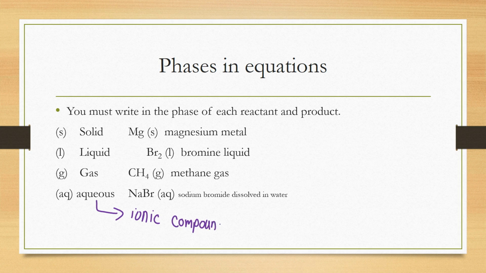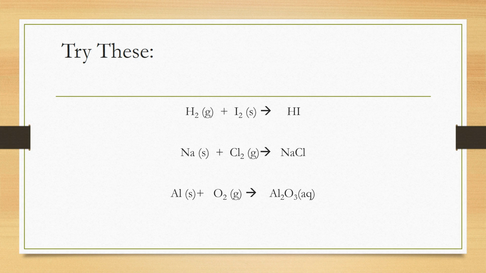However, there are some ionic compounds that are aqueous and some that are going to be listed as solids, and I'm going to teach that tomorrow. But aqueous is most of the time going to be ionic compounds. So that was just kind of a review of some of yesterday's material. All right. So I want you to go ahead and try to balance these three.